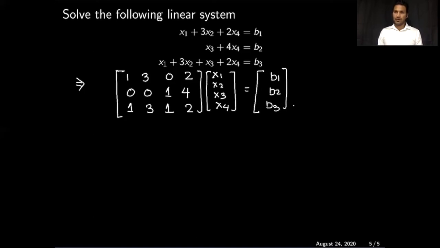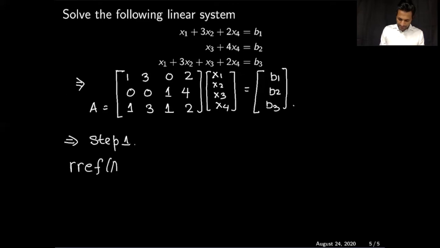In other words, we will calculate the rank of this matrix. So to calculate the rank, in step number one, what I need to do is take this matrix A and find the row reduced echelon form of this matrix A, which was the topic of one of the previous videos.